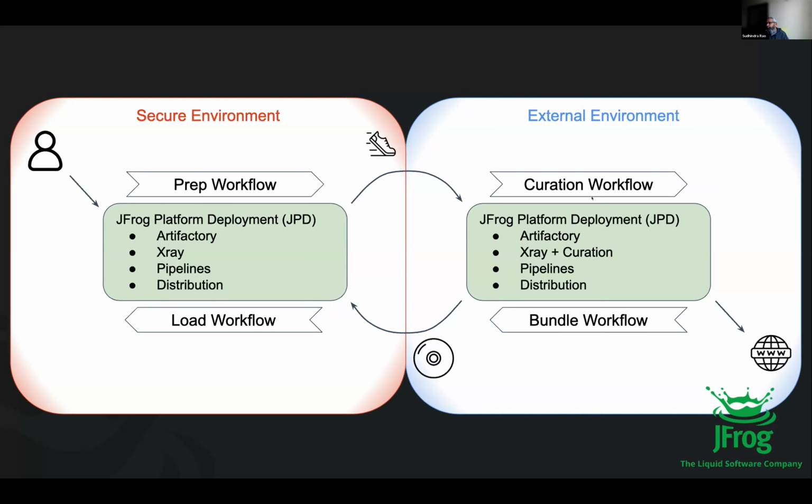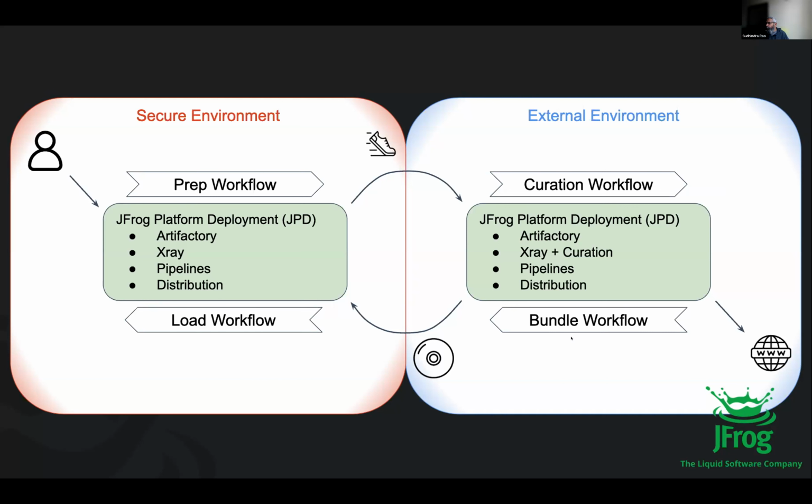And then a curation workflow in the external environment. This could be a lower level environment where you would actually be setting this curation up. And this curation workflow will kick in, and then it'll do a bunch of things that, again, Daniel will cover, which is basically downloading the piece of software from the internet and then running the security scans, making sure you can approve or disapprove the piece of software based on the Xray findings.